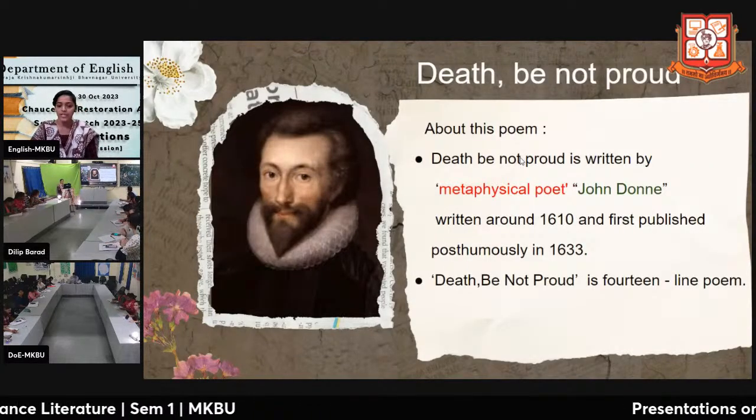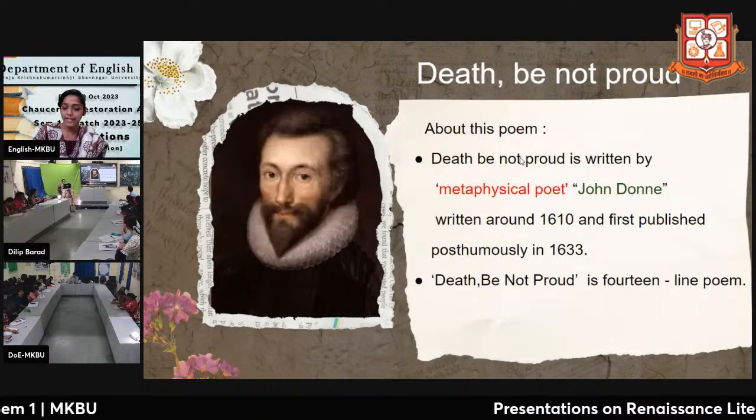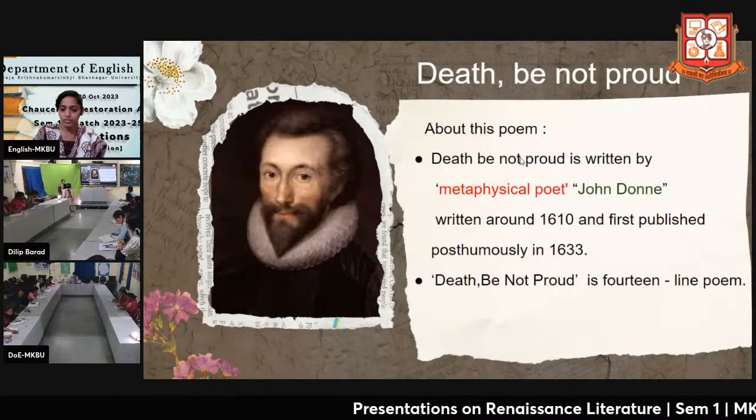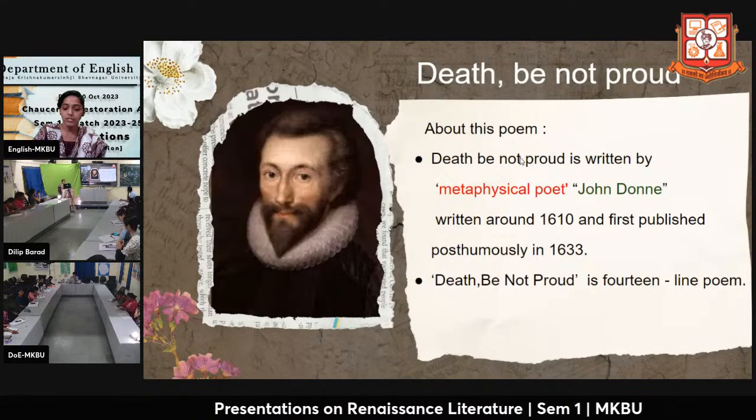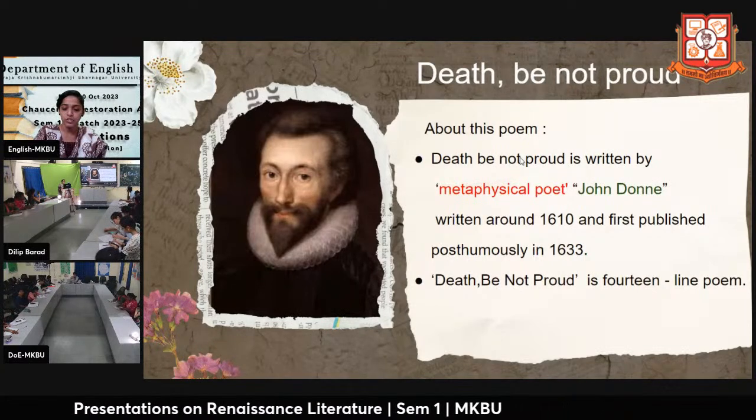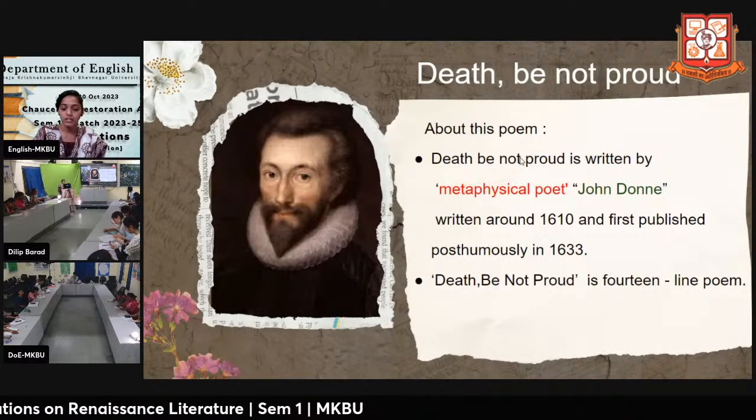Death Be Not Proud was written by the metaphysical poet John Donne around 1610 and first published posthumously in 1633.